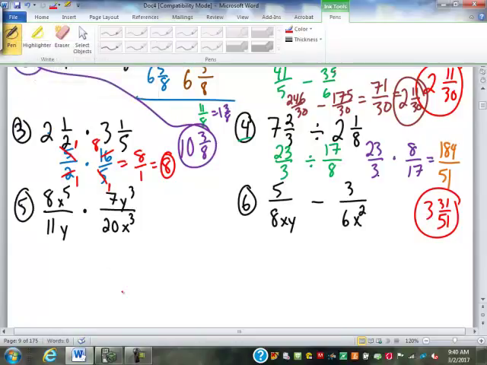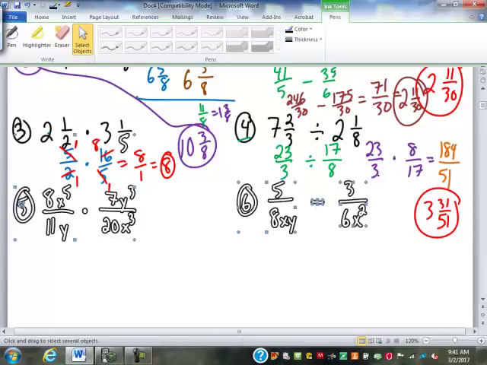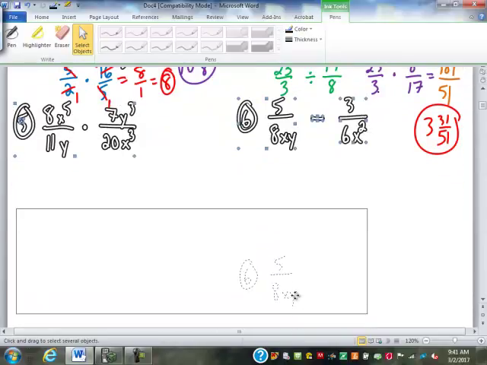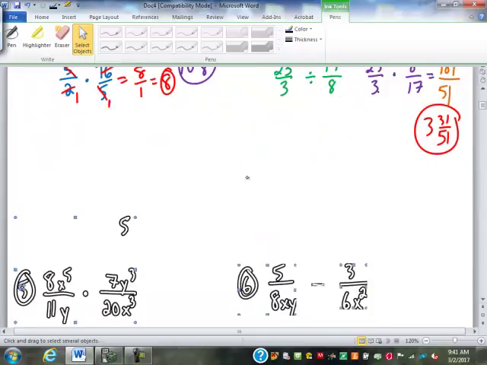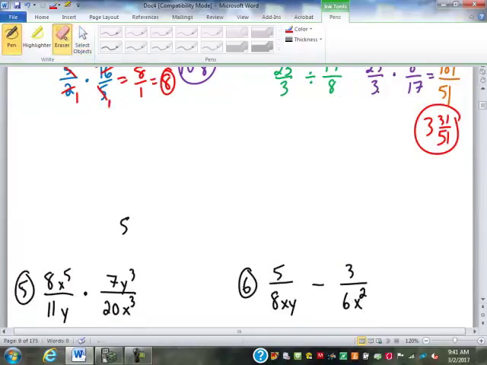Any questions so far? Now, before I do 5 and 6, I want to do a little bit of a side note here. Move these down out of the way here a bit. All the problems we've done, 1 through 4, can be done on your calculator.